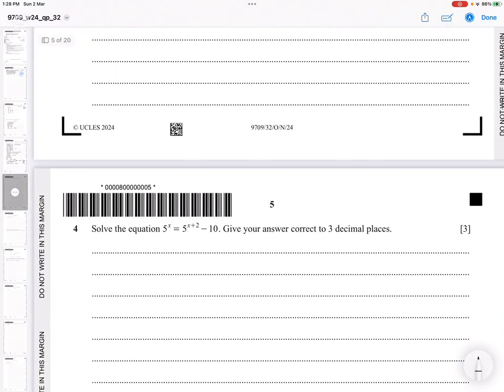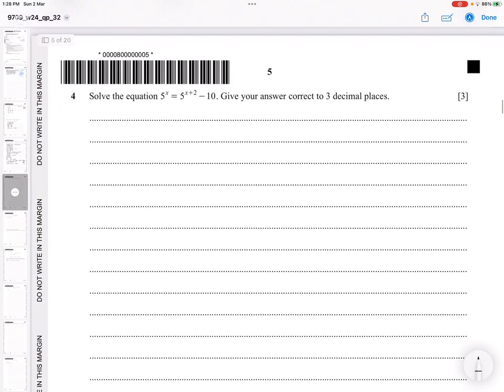Now come to question number 4. Solve the equation 5 to the power x is equal to 5 to the power x plus 2 minus 10. Give your answer correct to 3 dp. So 5 to the power x is equal to, can I write 5 to the power x times 5 to the power 2, the same, the rule of indices, minus 10.